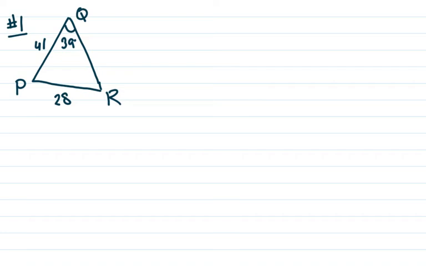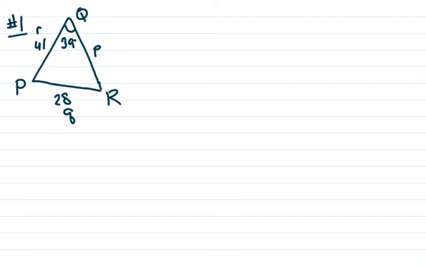Now I'm going to label the sides as the lowercase letter of the angle they're opposite to. So this would be side length p, this would be side length q, and this would be side length r. Okay, so then you know which one we're talking about. Since angle Q equals 39 degrees and side length q equals 28, that's a complete ratio.